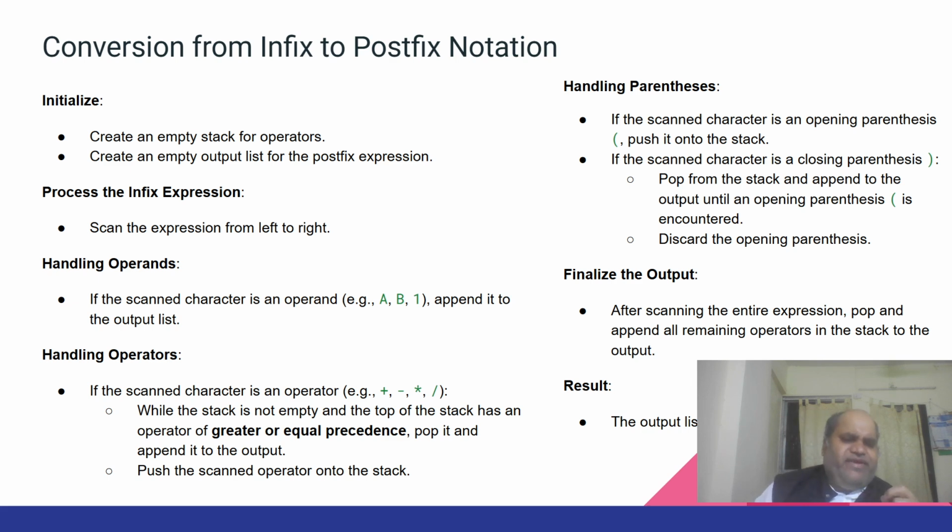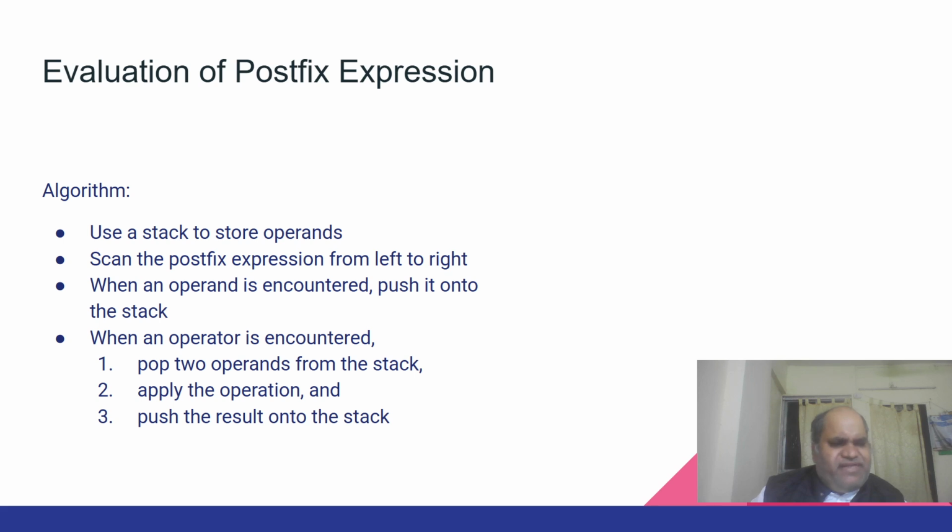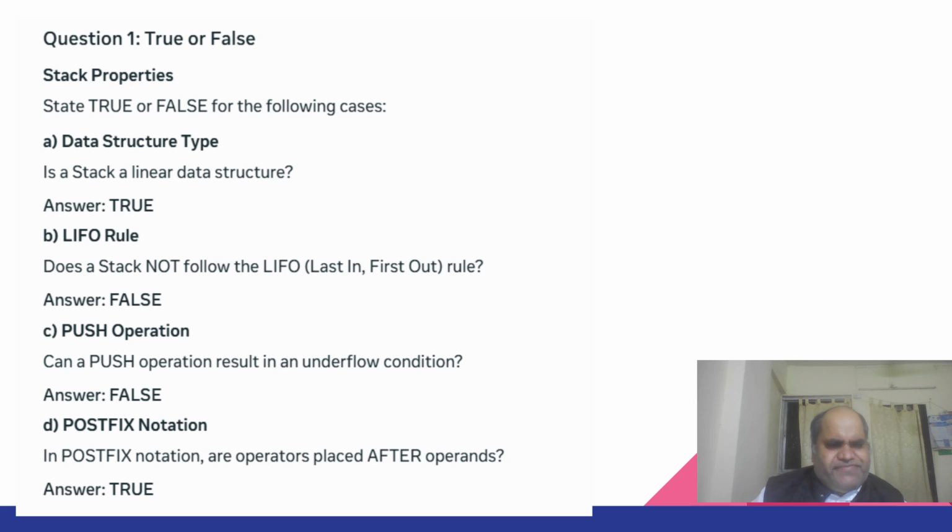Whenever you get a new operator, and if on your stack there is an operator with higher precedence, everything starting from that higher precedence operator and everything that is equal to the precedence of the current operator will be popped out, and if there is a matching parenthesis, all the operators in between, otherwise operands will be outputted as such. We looked through this example, then we introduced postfix evaluation, where we keep pushing our operands, and when we get an operator, we pop the next two operands and take the output.